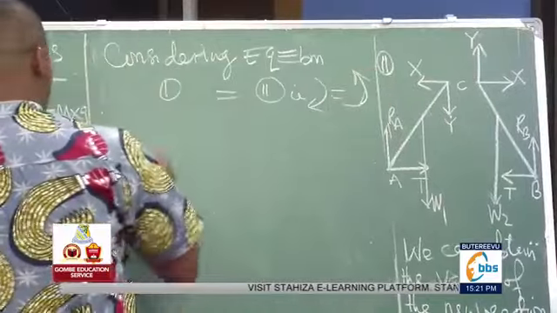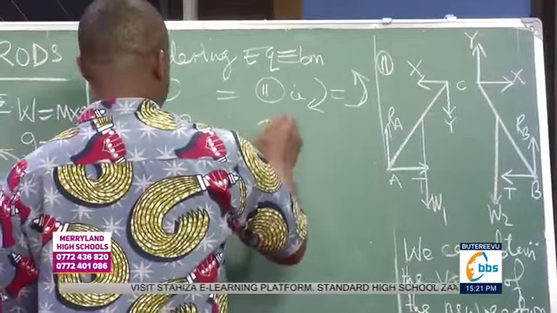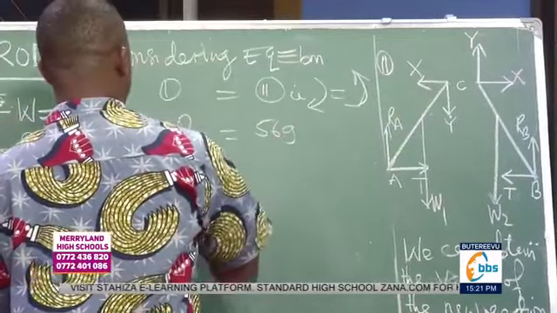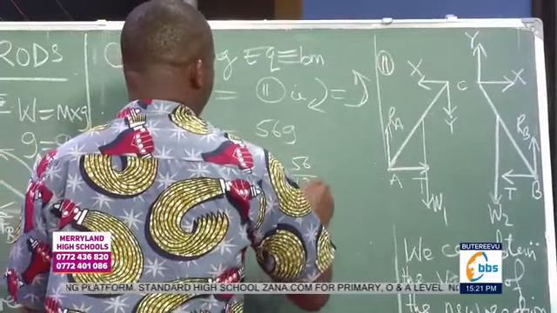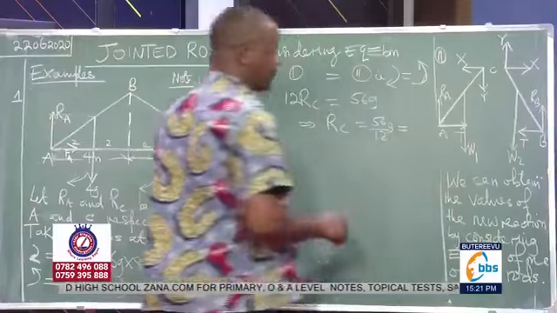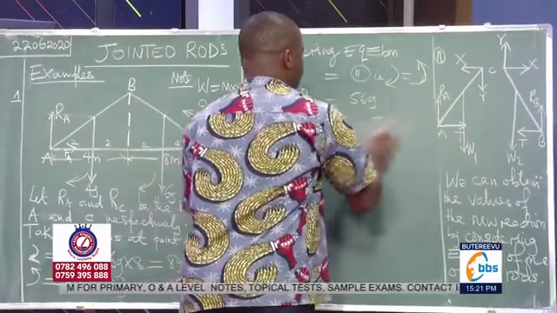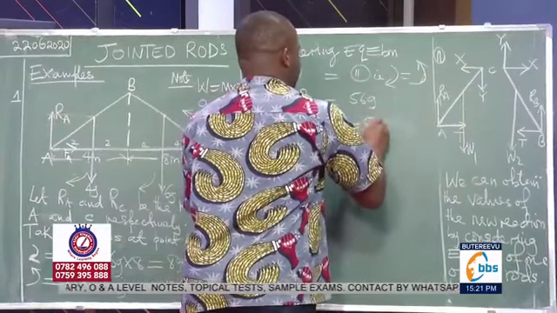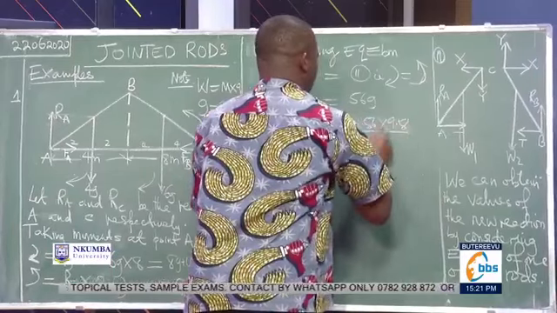And therefore, we can have our 12 RC being equal to our 56G, implying therefore that our RC is 56 out of 12G. If we substitute for G, we shall get 56 times 9.8 divided by 12.